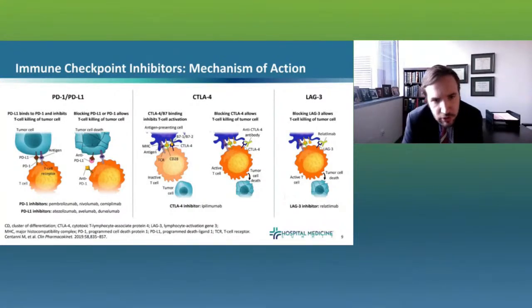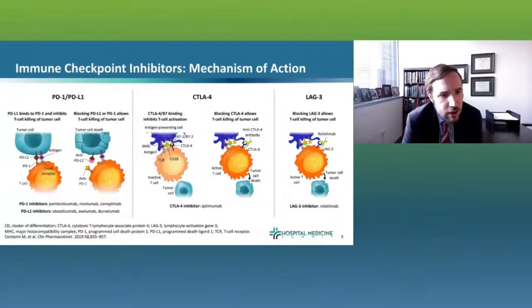And of course, tumor cells, as they are wont to do, develop the ability to outsmart the immune system. They in turn express PD-L1, and that in turn interacts with PD-1 and tampers the immune system and prevents it from being able to do its job, which is to surveil for these cancers and tamp them down.